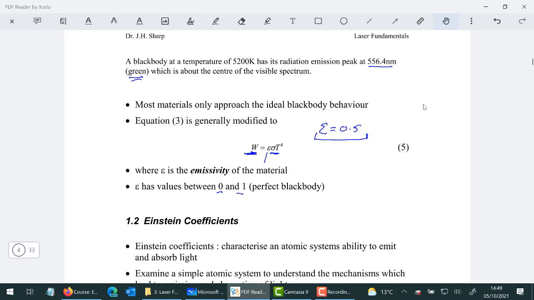And I think the best that we've got so far is carbon nanotubes, things like that. Sort of nanoscale carbon is, I think, the best material that we've got in terms of getting close to the ideal black body.